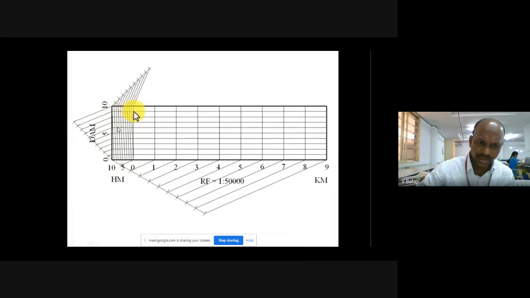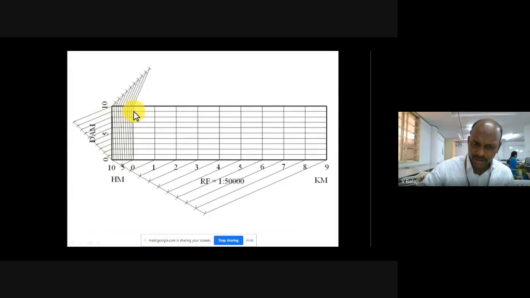Now if you find one more point, the distance between those 2 points will be the required answer. Now kilometer is over. Now how to mark 5 hectometer and 6 decameter?